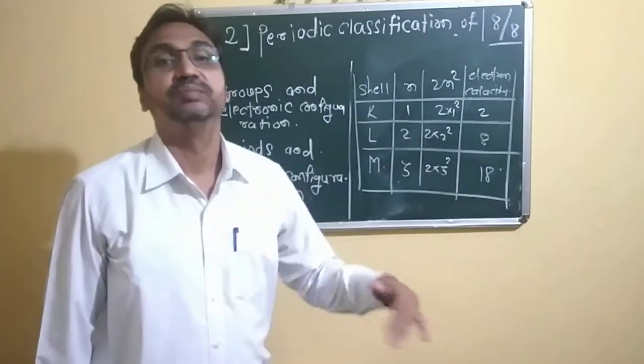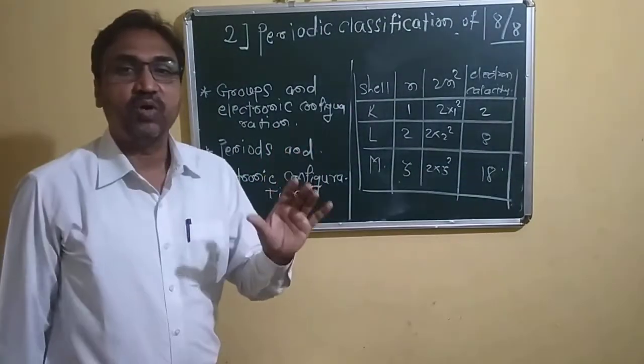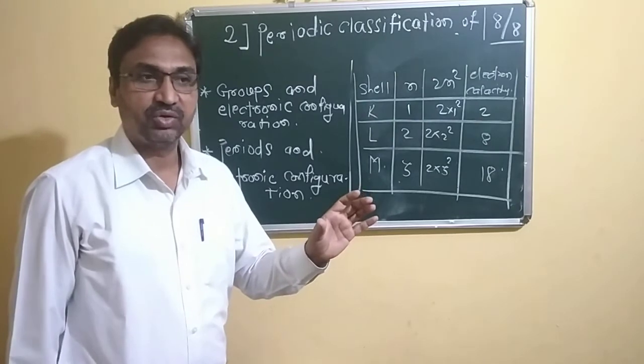But when we write down the electronic configuration, we do not write 2, 8, 18 in this way, but 2, 8, 8, 18 something like that, because of the law of octet. To fulfill this, there is another way of writing the electronic configuration.